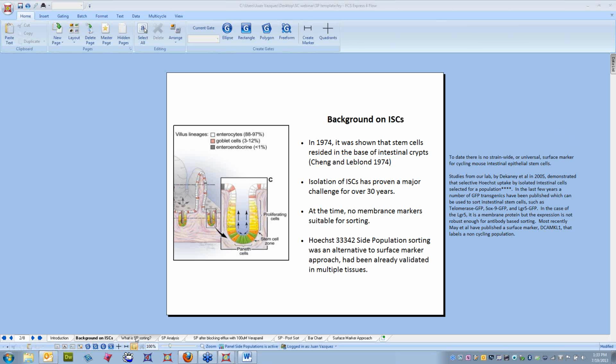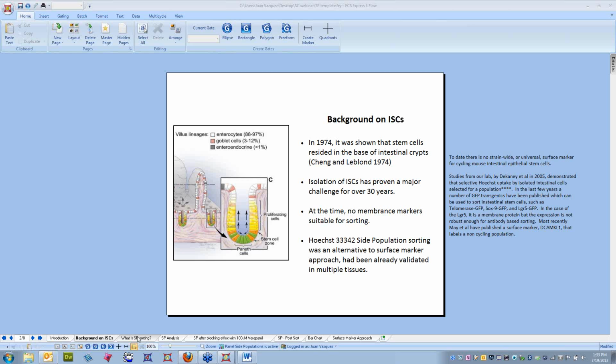At the time that the first headway was made in 1996, there was really no membrane marker approach that was viable. Peggy Goodell, who was doing her postdoc at MIT, along with her colleagues, developed this method using Hoechst 33342, which is a DNA binding dye.